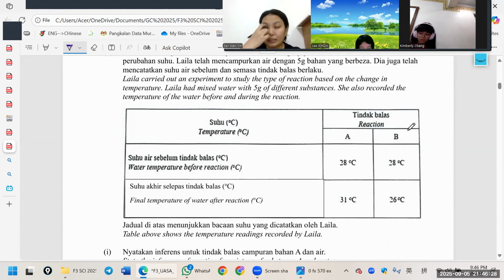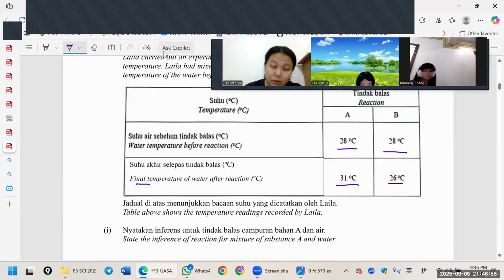Lila carried out an experiment to study the type of reaction based on the change in temperature. Lila mixed water and 5 grams of different substances. She also recorded the temperature. A before 28, B before 28. Finally, A becomes 31, B becomes 26. Which one is exothermic? Which one is endothermic? Everyone please answer.